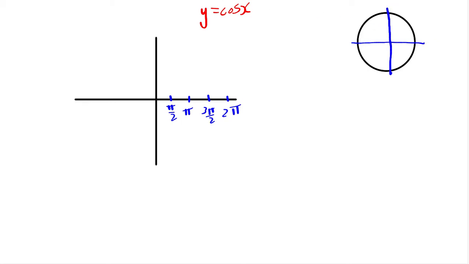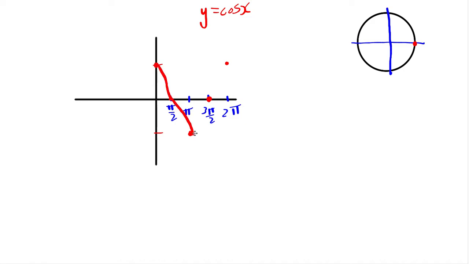Thinking about the unit circle, when x is 0, when my angle is 0, my cosine value is 1. And then as I go from 1 to 0, the cosine of pi is negative 1. Cosine of 3 pi over 2 is 0. And the cosine of 2 pi is 1.